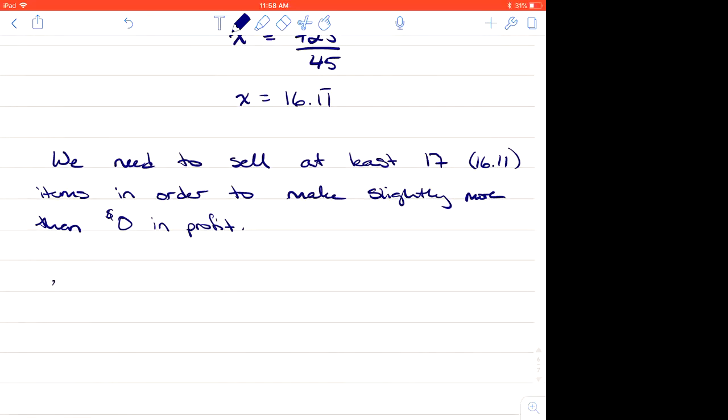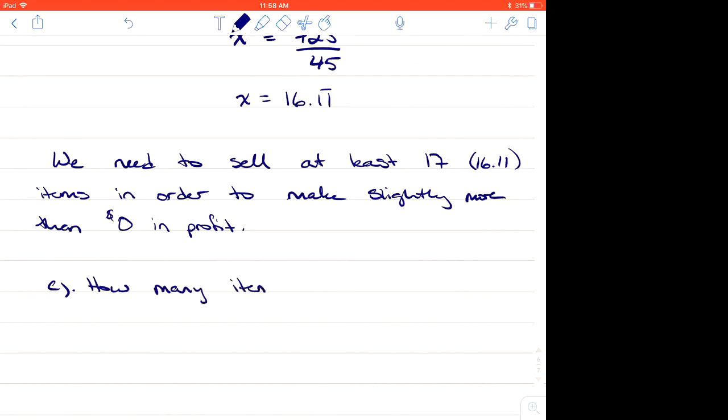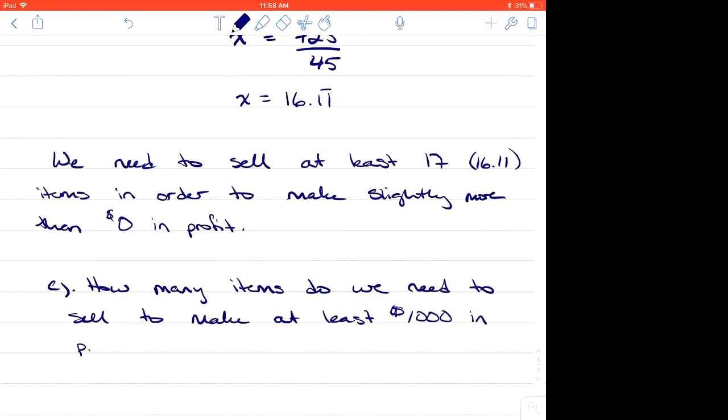So how about C? How many items do we need to sell to make at least $1,000 in profit?